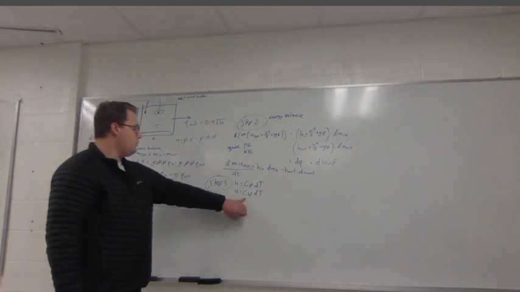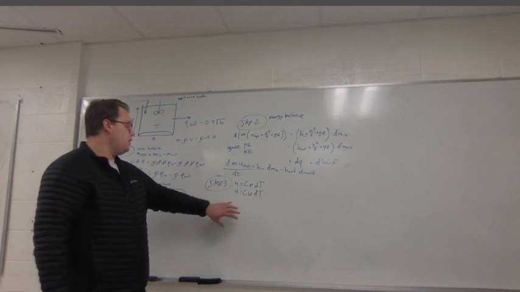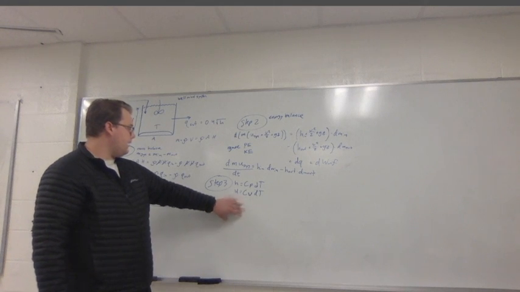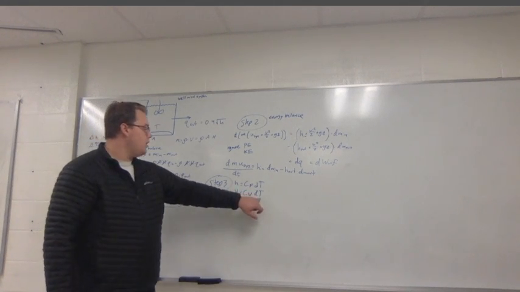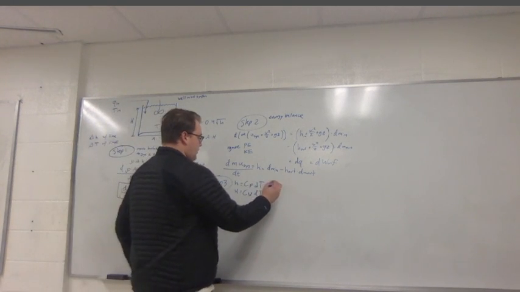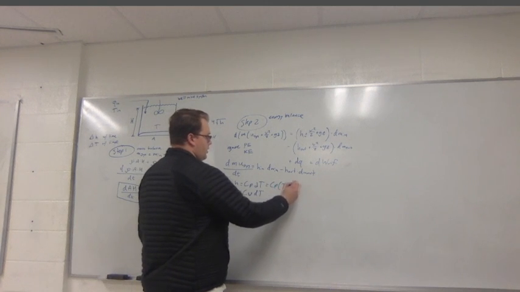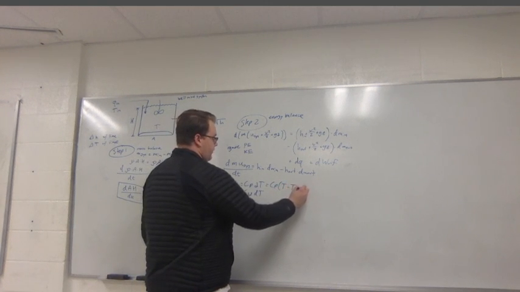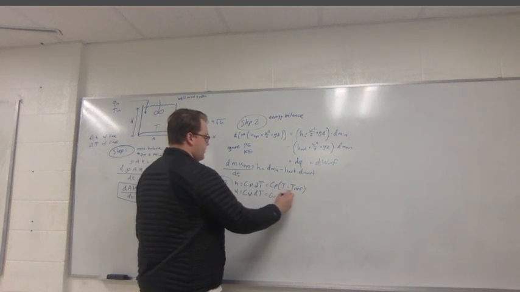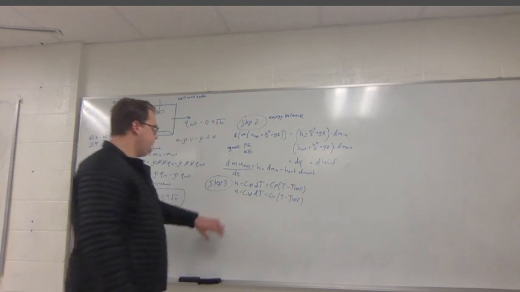So these are two heat constants that you work with when you work with a solution, they help understand how internal energy and enthalpy change with respect to the temperature of the system. So this would be Cp times some temperature minus some reference temperature. Here this would be Cv times some temperature minus some reference temperature. And this is just a range of temperatures from point 1 to point 2.